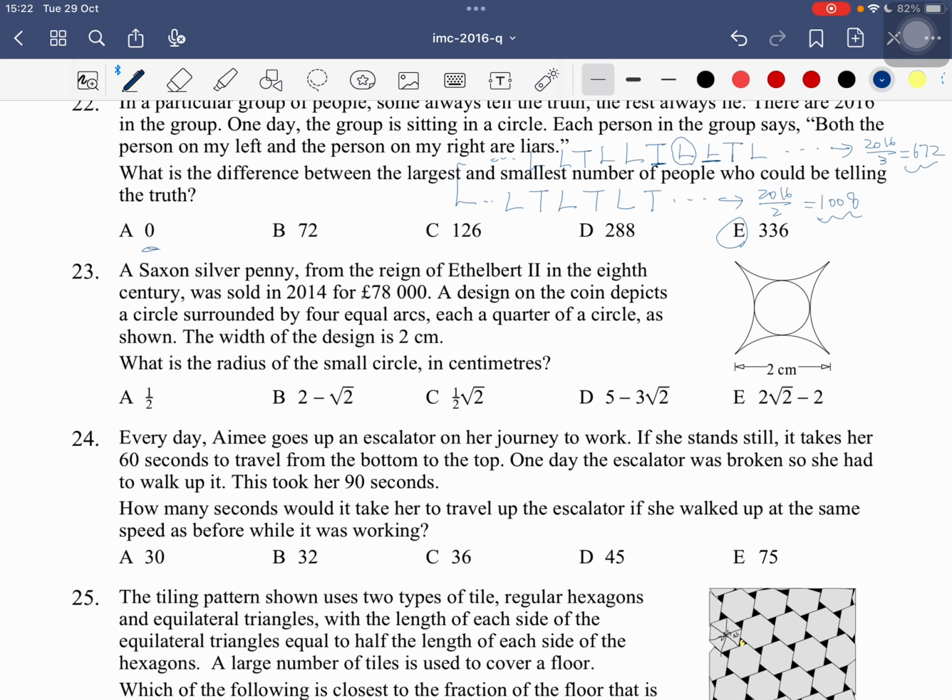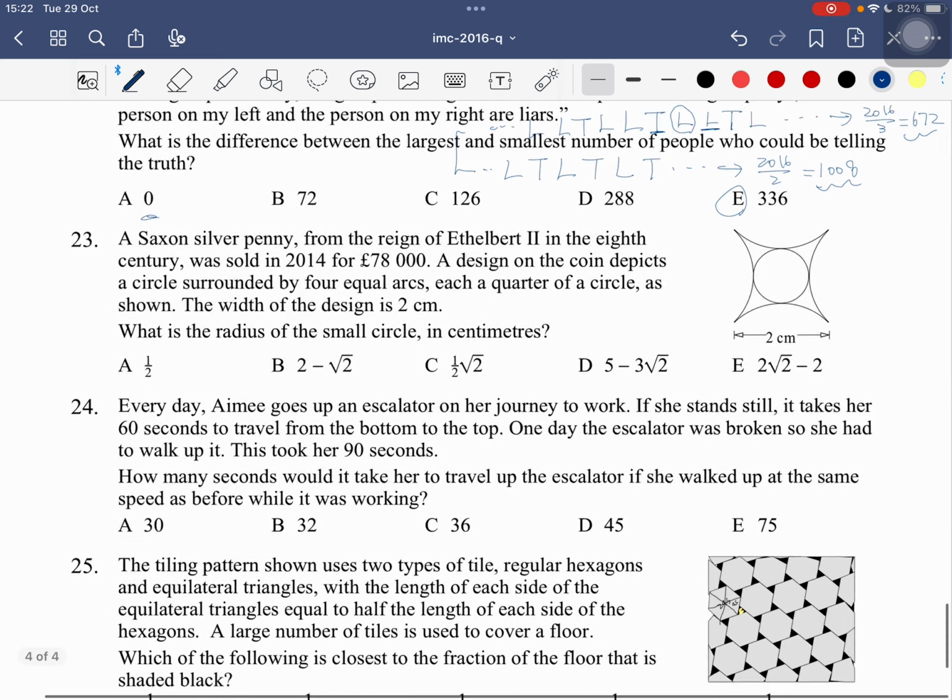because we can start from the person who is telling the truth. If we start from the person who is telling lie, then we can start truth to truth or truth one lie, something like that. It is the same. So number 23.